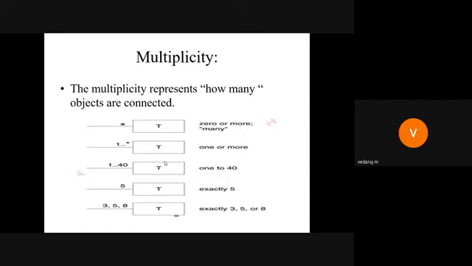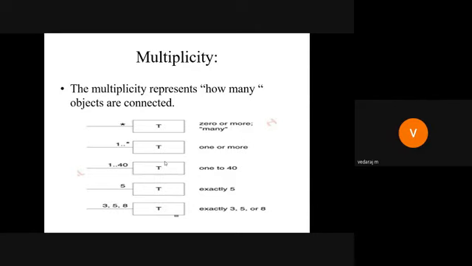See the different notations. Asterisk symbol represents zero or more. One dot asterisk is called one to many relationship. 1..40 represents 1 to 40: a single object is connected with 1 to 40 other objects.